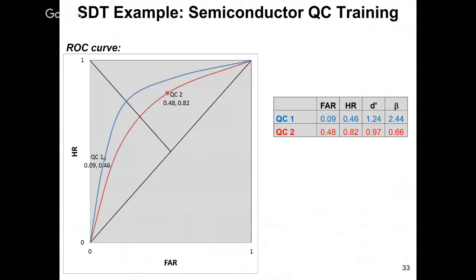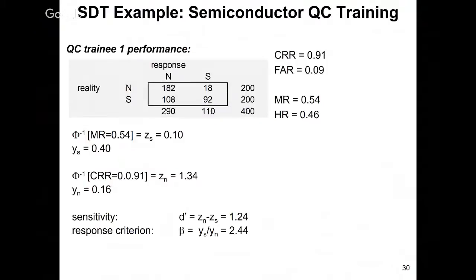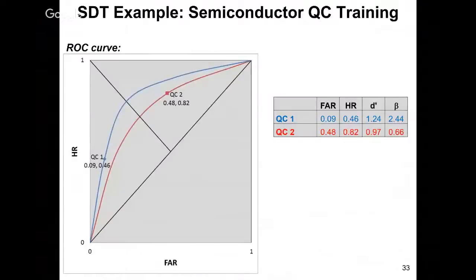So actually, trainee 2 was less accurate, but because of the costs associated with false alarms... Trainee 2 was too careful. Trainee 2 would be gone. Trainee 1 was more accurate, and their tendencies worked out better in terms of the money.